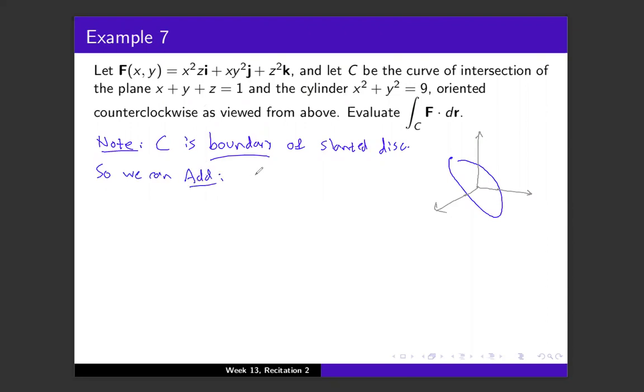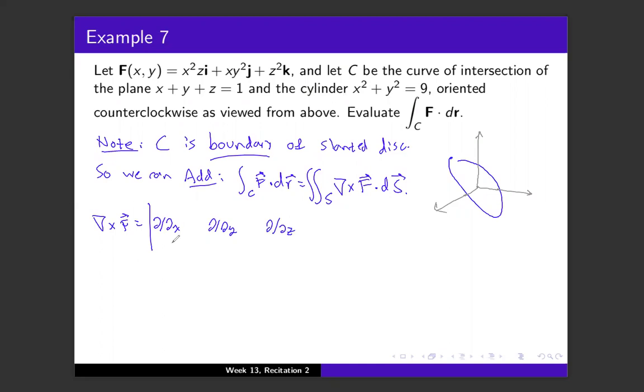So if we're going to try adding an integral, we can do that because that's Stokes' theorem. The integral of F dot dr is the double integral over the disk of the curl of F. So let's try calculating the curl. Del/del x, del/del y, del/del z, with x squared z, x y squared, z squared.